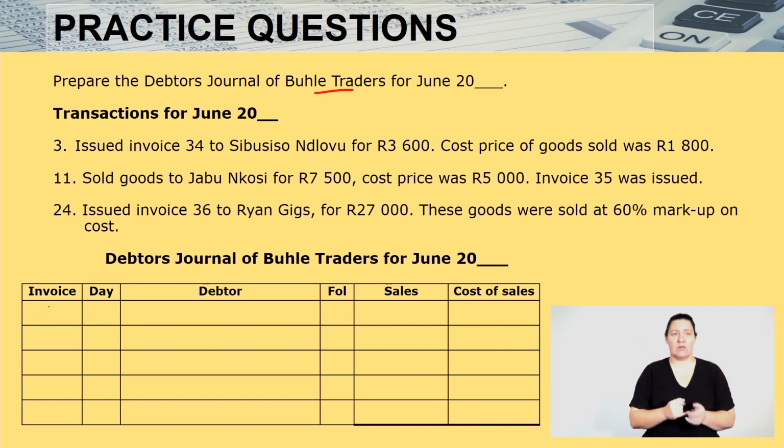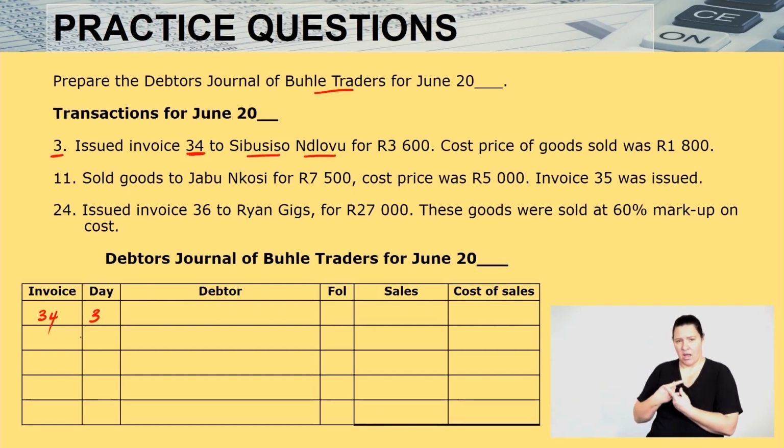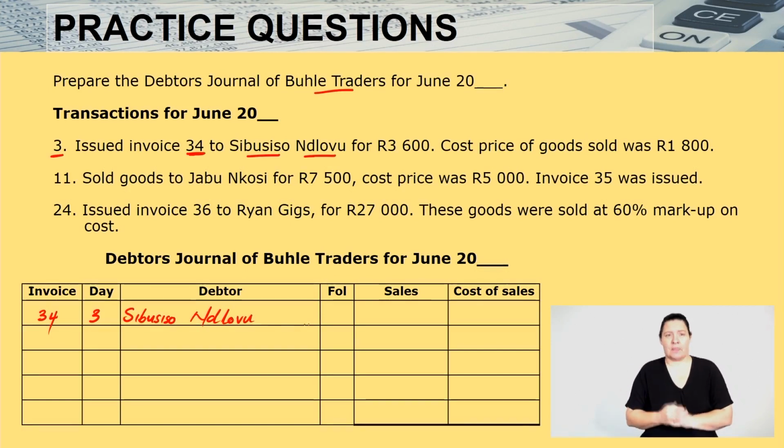Invoice. So remember the source document, invoice. Here it will be invoice 34. The day will be the 3rd. And then to whom did we sell the goods? We sold the goods to Sibusiso Ndlovu, for 3,600.